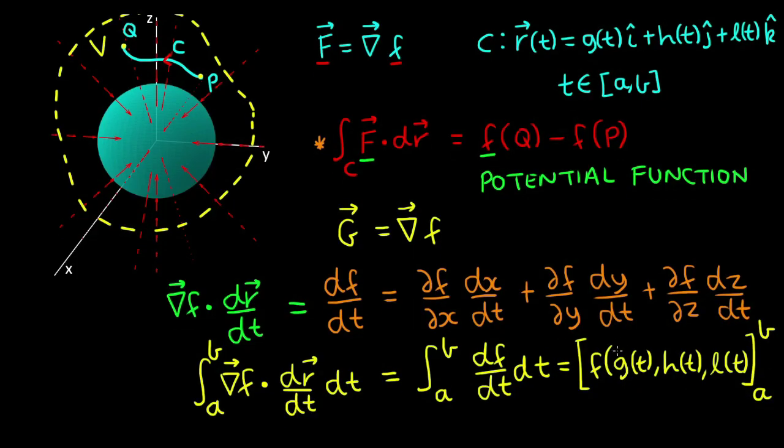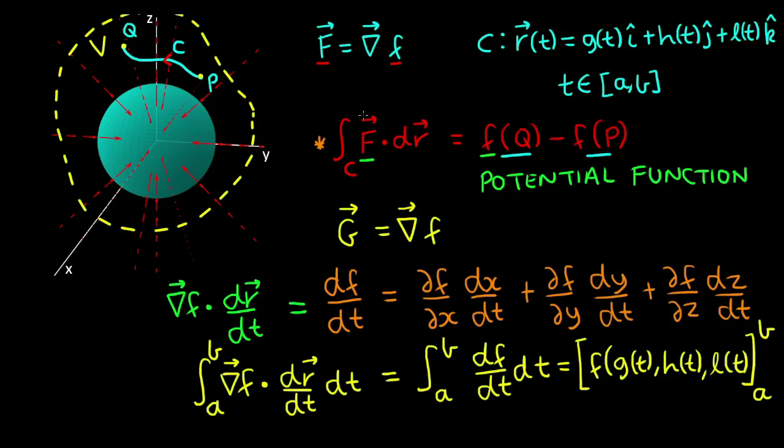Therefore we end up with f of g of b, h of b, and L of b, which is the function evaluated at Q, minus f of g of a, h of a, and L of a, which is the function evaluated at point P. So given F is the gradient of a scalar function, we can evaluate this line integral by evaluating the scalar function at Q and the scalar function at P, being the two endpoints connected by the curve.